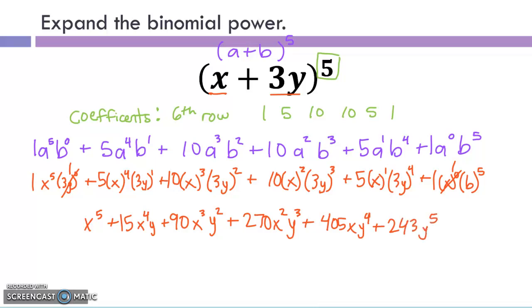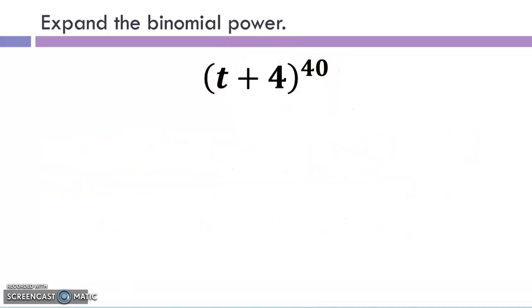Now this is all great and nice, but what happens when we have something bigger? Something like this, raised to the 40th power. I don't want to go and use that triangle, find the 41st row, and then multiply all that out. If I want to find one term of this, then I can use another trick.